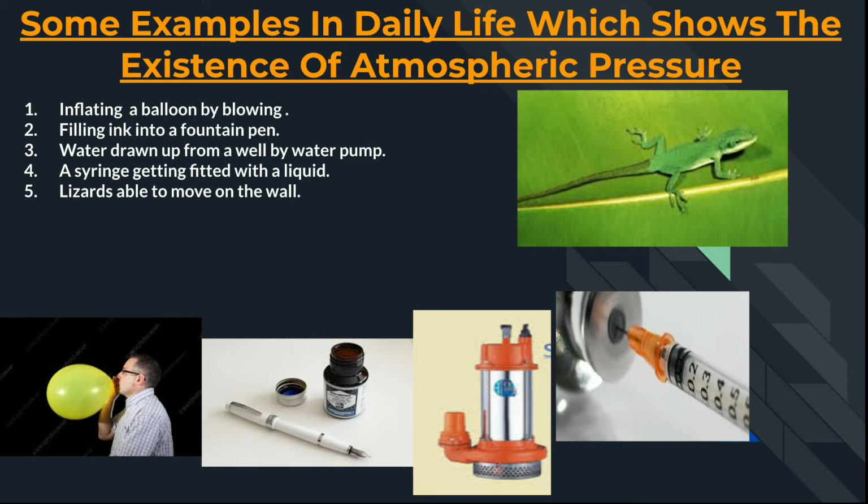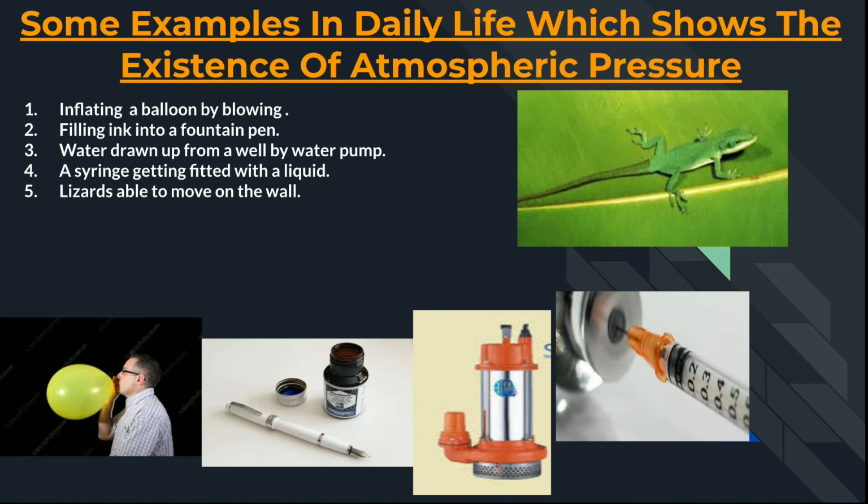Then water is drawn up from a well by a water pump, which also requires atmospheric pressure. We apply pressure for bringing up the water from the well through a pump, which is much more than the outside atmospheric pressure. That's why water is drawn from the well.